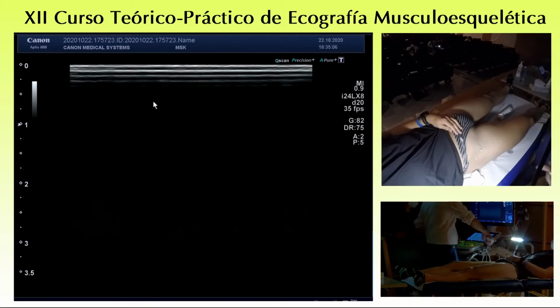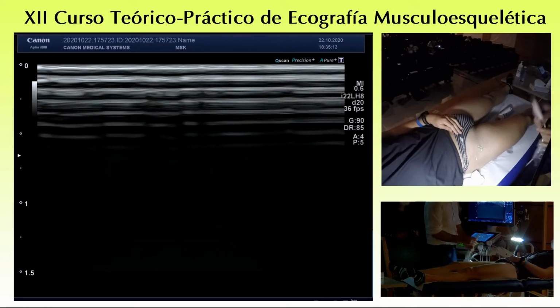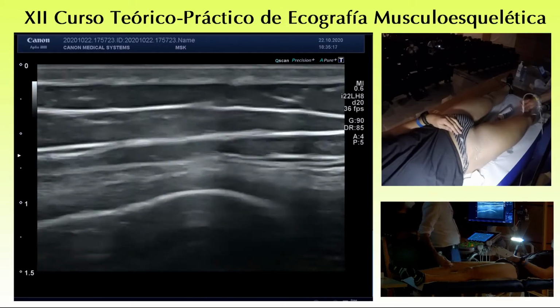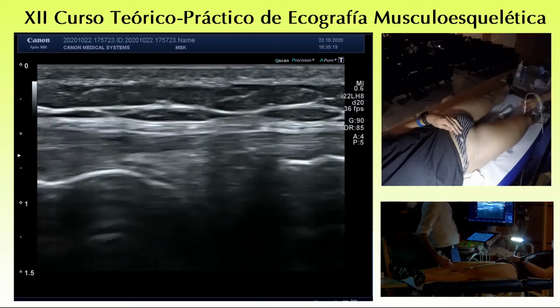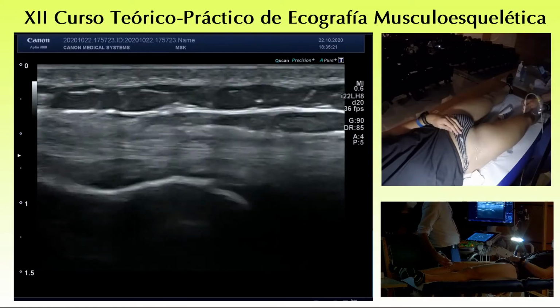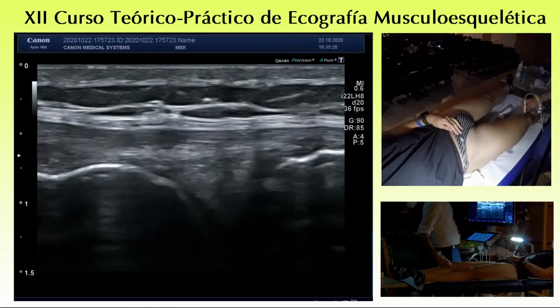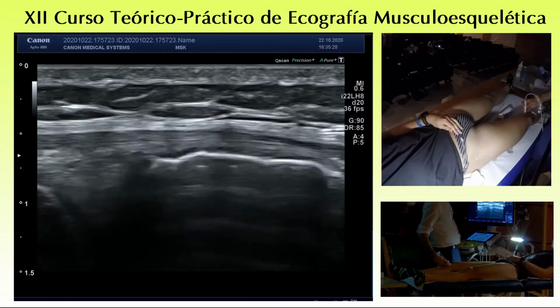We can check with the more superficial probe. So this is the medial collateral ligament just here.